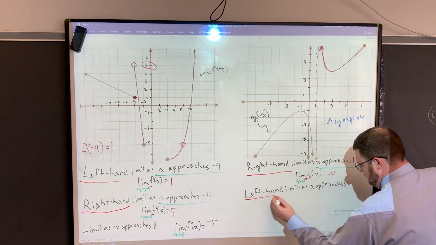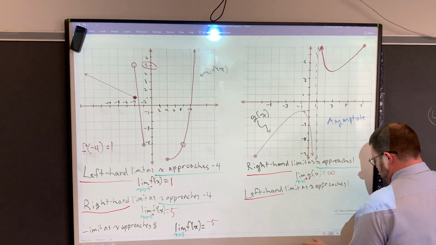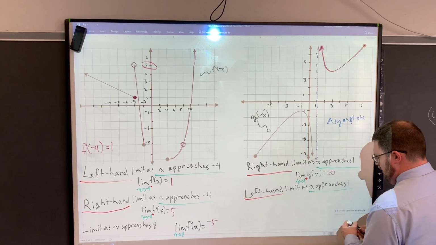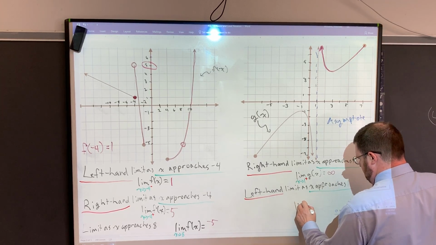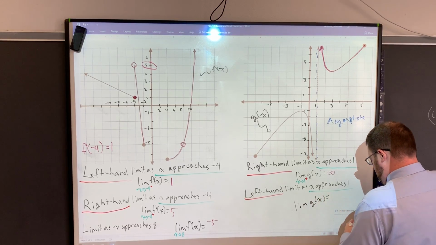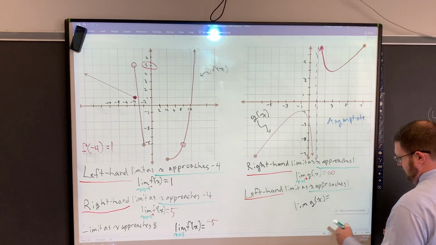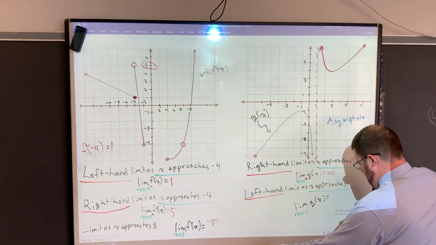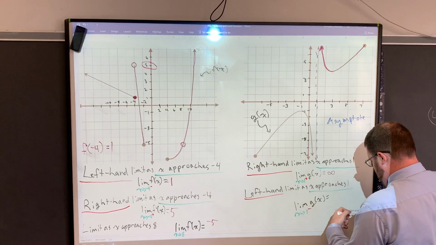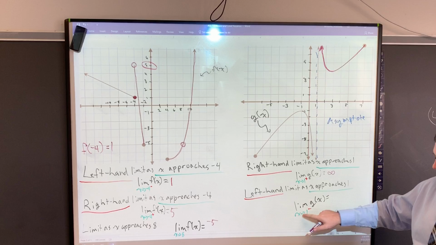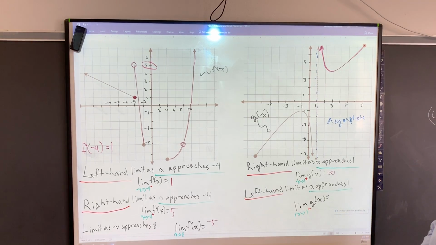Left-hand limit as x approaches 1. We already did right hand, now we're doing left hand. I'm going to go ahead and write my notation. The left-handed limit of g of x as x approaches 1 equals.